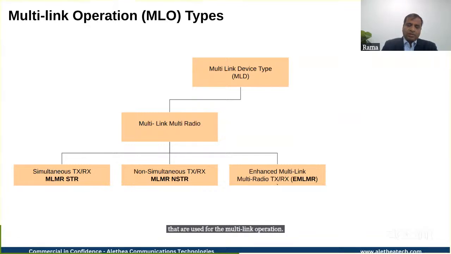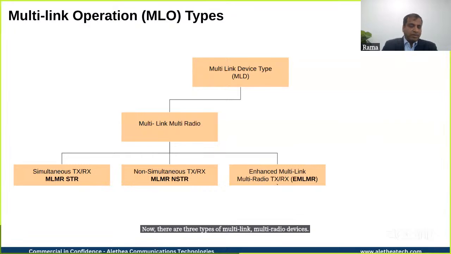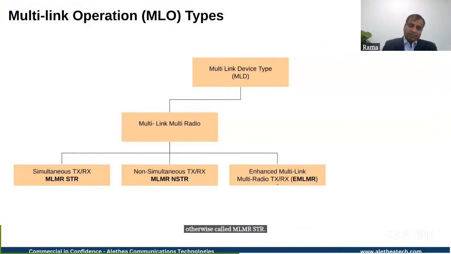Now, there are three types of multi-link multi-radio devices. One is called simultaneous TX/RX, otherwise called MLMR STR, and these days people just shorten it to STR. This just means that the TX and RX can happen simultaneously on both the links. So there is no restriction per se for the transmission or reception on any of the links or channels or bands, as you may say.